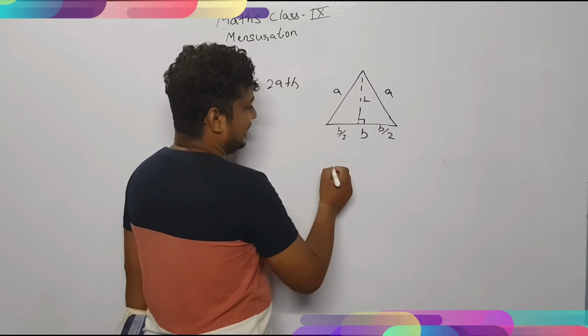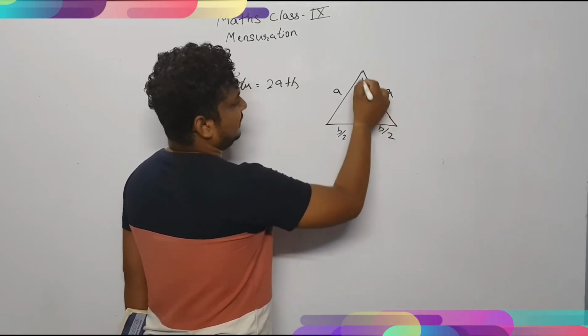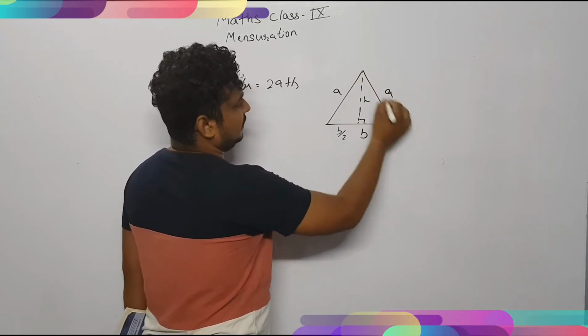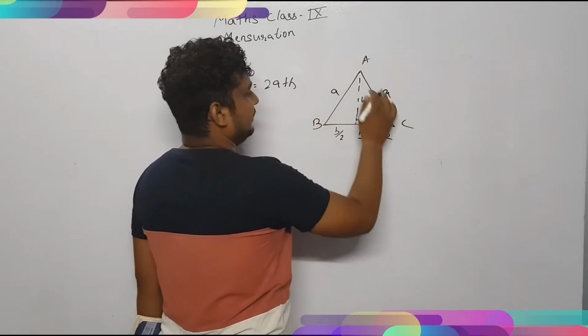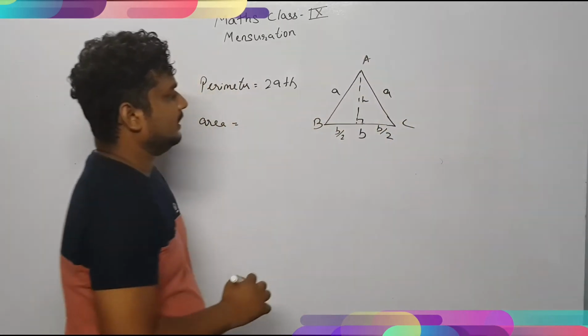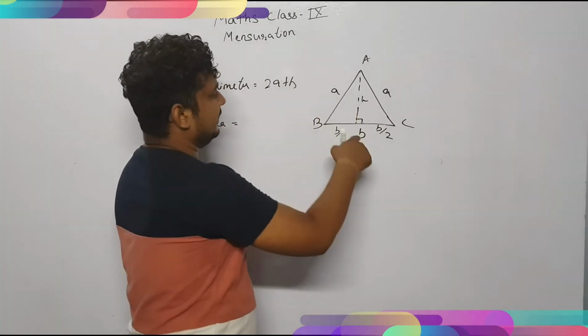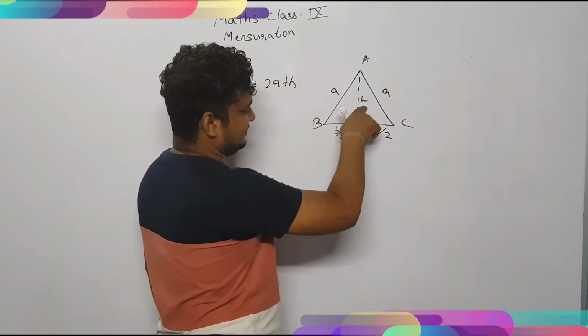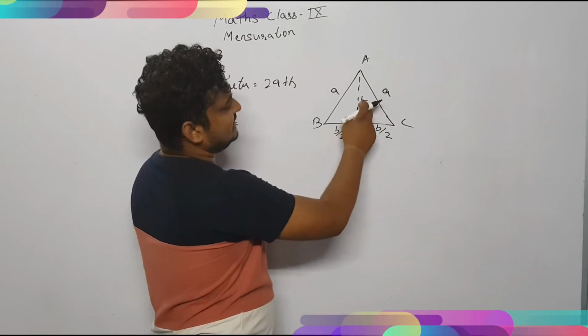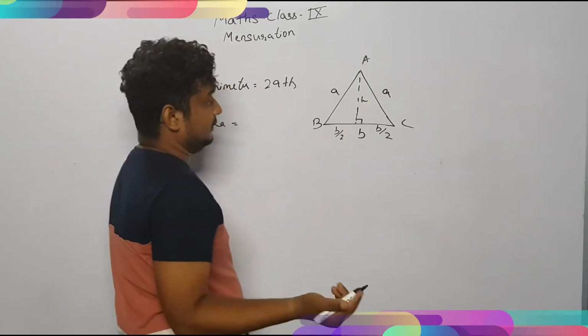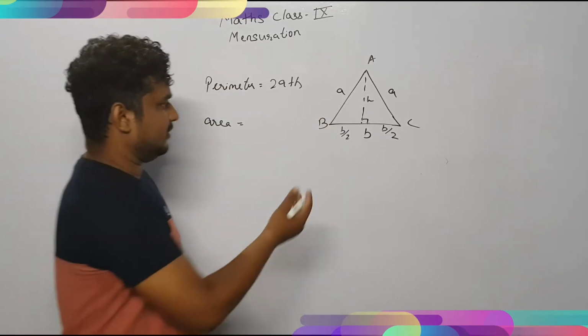So now we can tell that according to the Pythagoras theorem, we are considering this particular right angle triangle. Over here we have marked this as H, the representation of height. So we will find H in terms of A and B, because we don't have the height given over here.